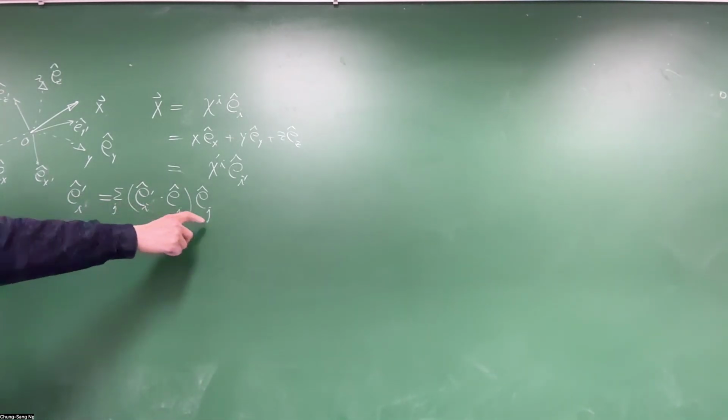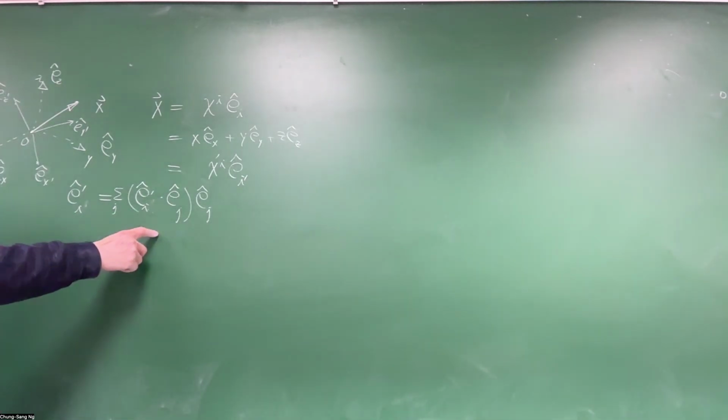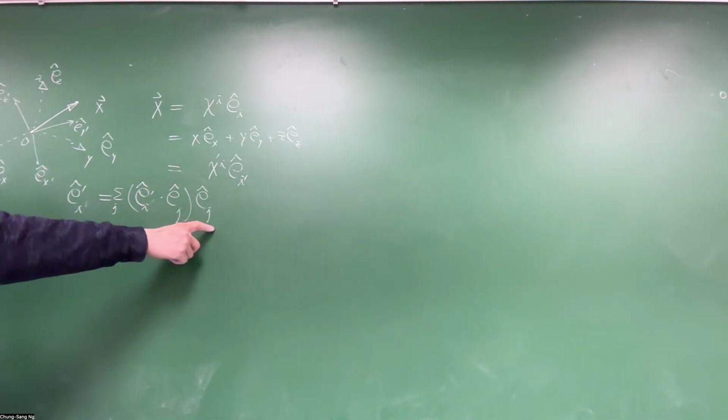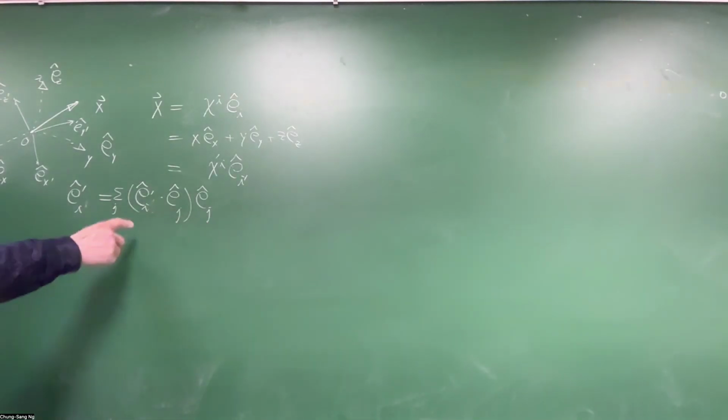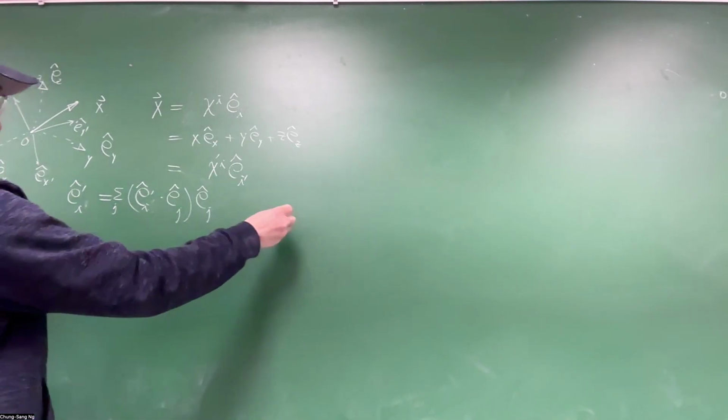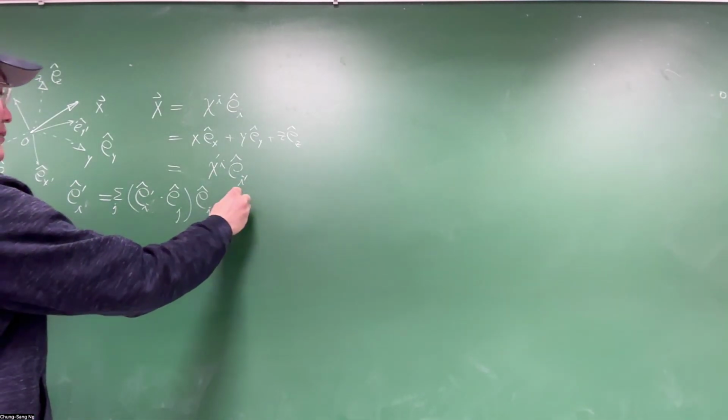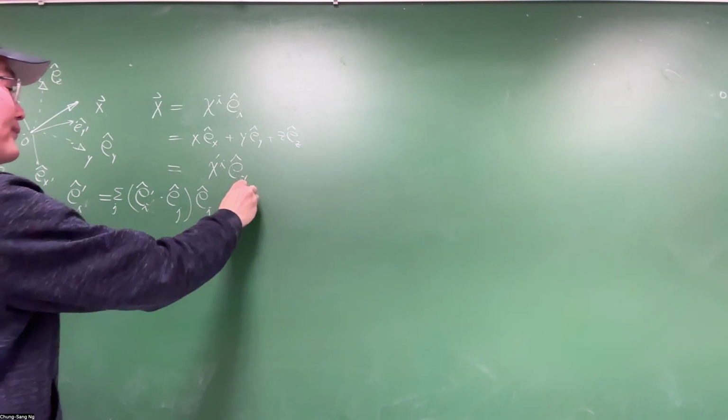For a given I, you sum over J. Right? So that becomes like a matrix multiplication, or matrix multiplied by a column vector, a column matrix, right?